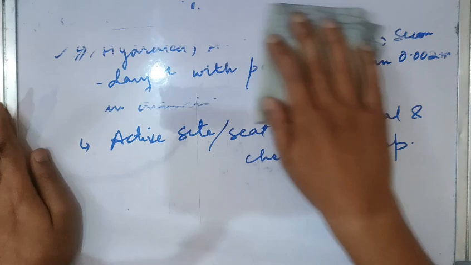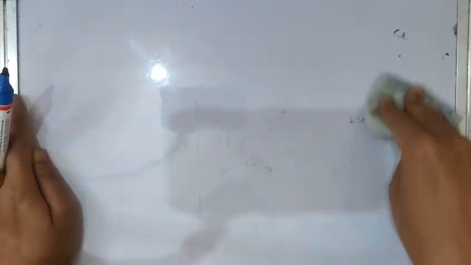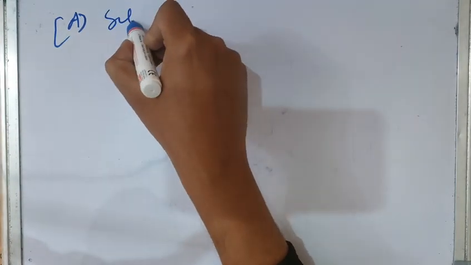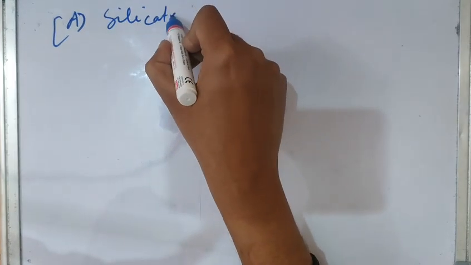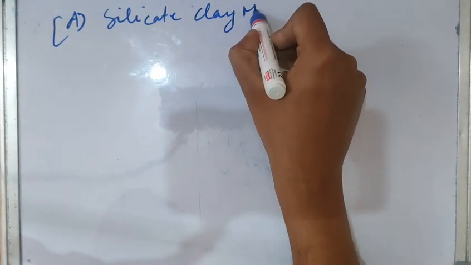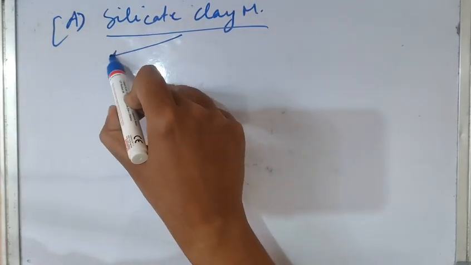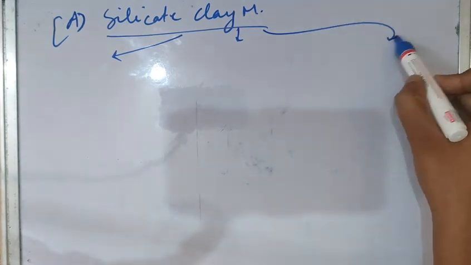Now moving on to the types of clay minerals. The first type is silicate clay minerals. It is further divided into three types.